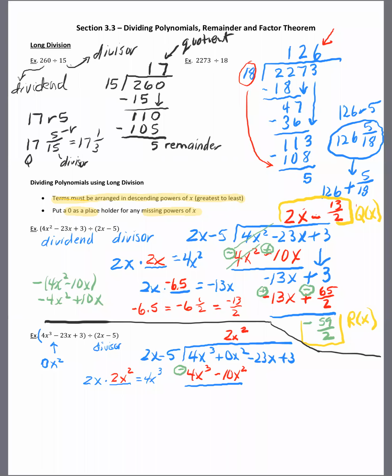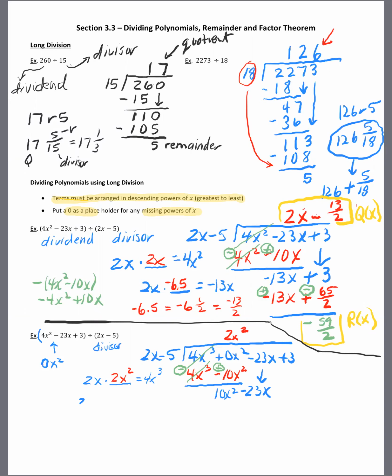4x to the third minus 4x to the third. Yep, they cancel each other out. Now when we add the x squareds together, 0 plus 10 is 10. So we have a 10x squared. We're going to bring this next term down. Start the procedure again.